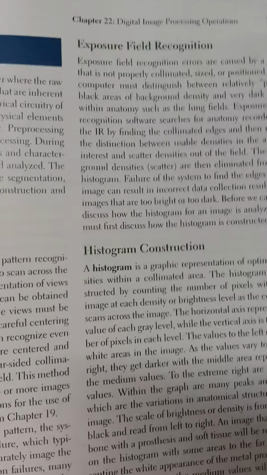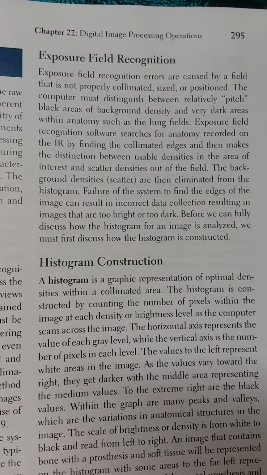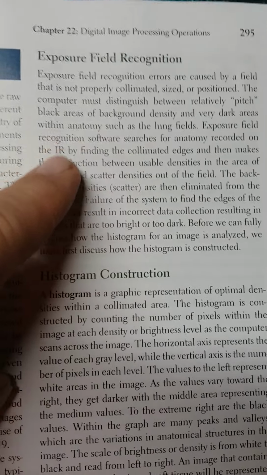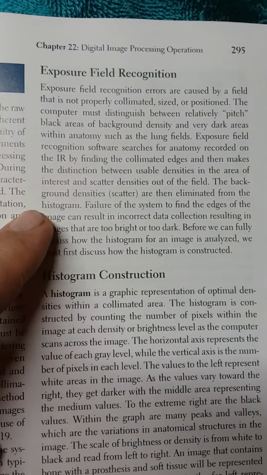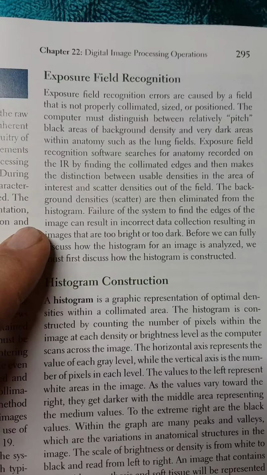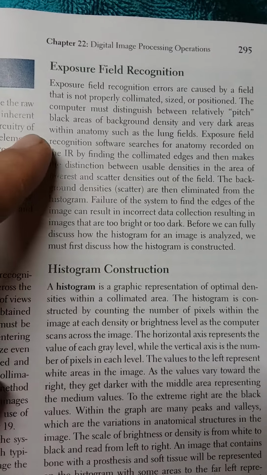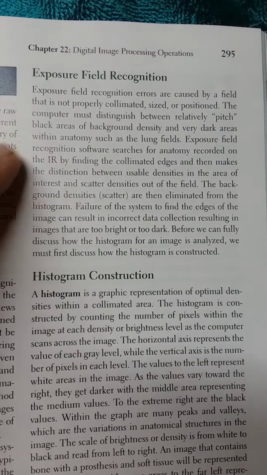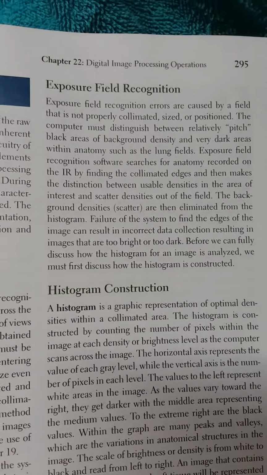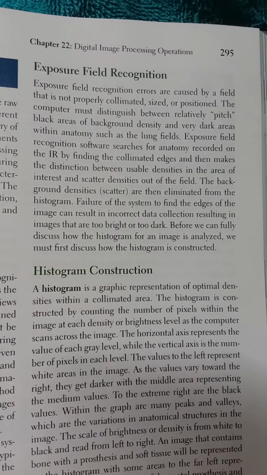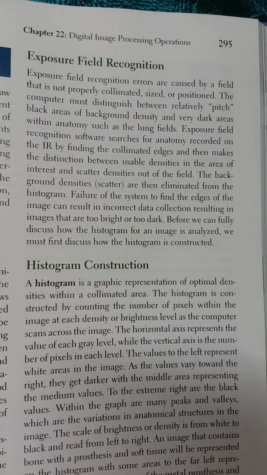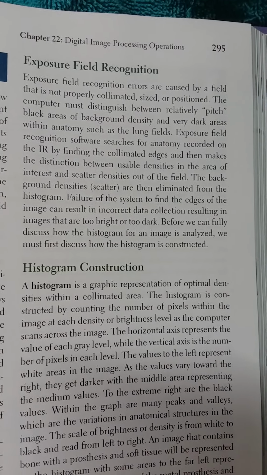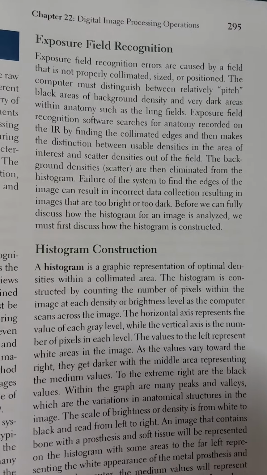And then exposure field recognition is where it takes the type of anatomy, whether it's lung fields or bone density fields, and attempts to compare it to the data that is in the ideal image so it can recognize what the image should have been. So it's important that if you're going to shoot a chest x-ray, you choose the chest x-ray at the automated exposure control and the APR, where you can choose the automated program software at the control panel.